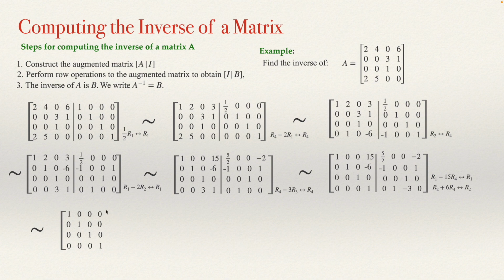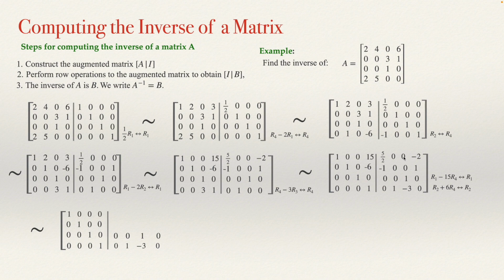What will be the transformation at the other side? We know the last 2 rows don't change, but the others do. So it will be here 5/2 minus 15 times this number, but this is 5/2, doesn't change. This 0 minus 15 times 1, so it will be minus 15 here. This 0 minus, here when I multiply by minus 15, will be plus 45.